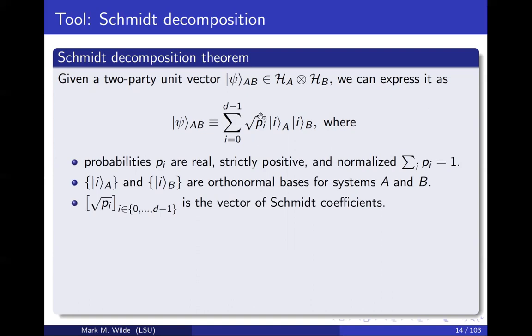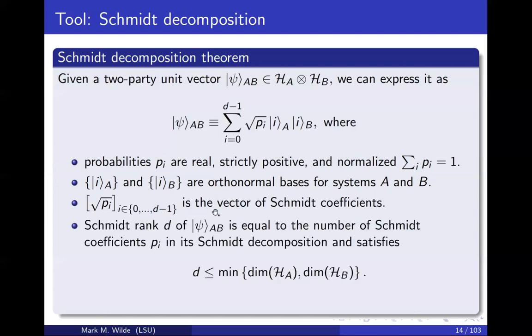Okay. The vector of the square roots of these probabilities, these are called the Schmidt coefficients. And the Schmidt rank of this psi is equal to the number of Schmidt coefficients, okay? And the Schmidt rank is always going to be less than or equal to the minimum of the dimensions of Alice's and Bob's Hilbert spaces, okay?